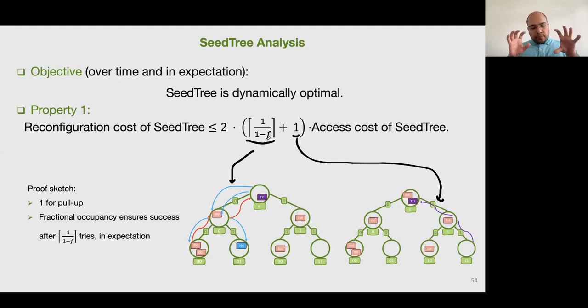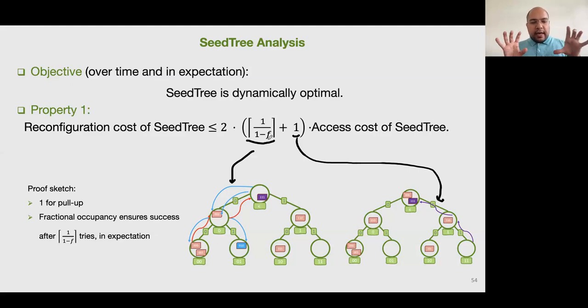And here, this comes from the fact that how many times we need to do these attempts again and again. And it turns out that it depends on the fractional occupancy. So if a level is more full, it's natural that you probably would face more full servers, so you need to do it again and again.